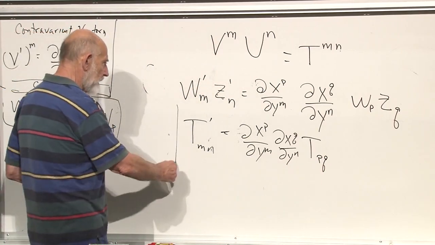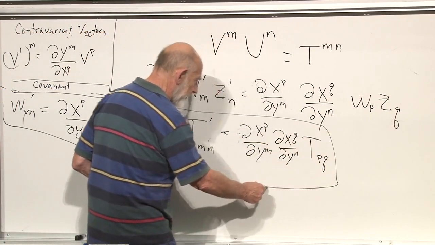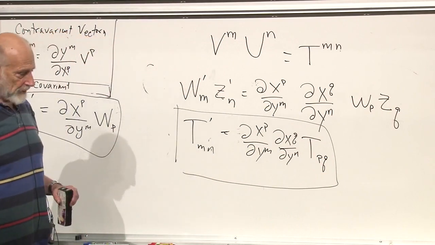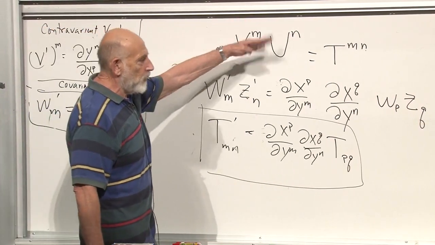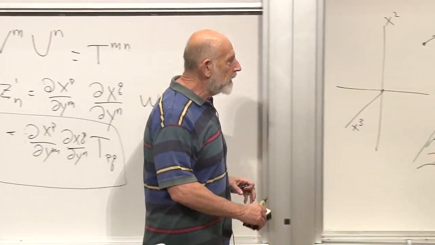So this is the transformation property of a thing with two covariant indices. I'll leave it to you to try to guess what the transformation might be if there's one upper and one lower. We're not going to use it tonight.